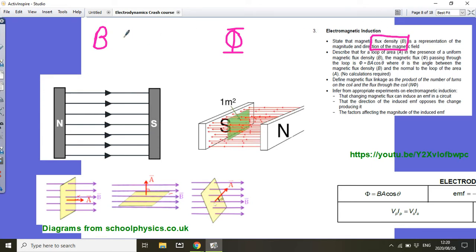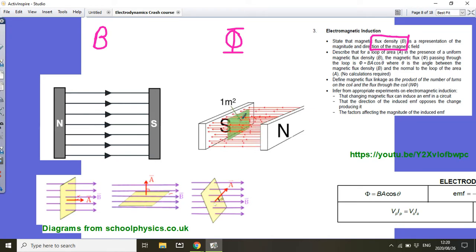Now, if you remember what density means, it always tells you something per unit volume or something per area. In this case, because there are lines moving like that, we're going to look at a specific area. So if you look at this little diagram, the density would mean the amount of field lines passing through that area.